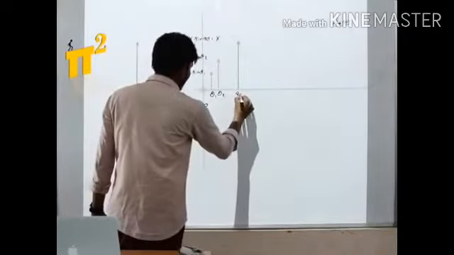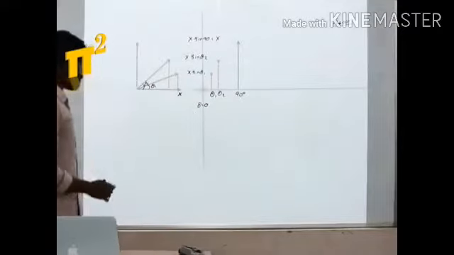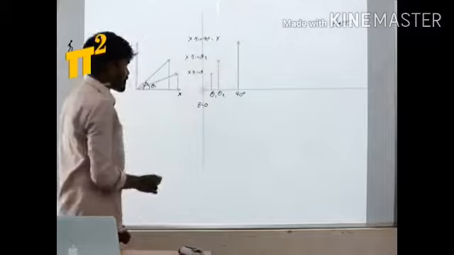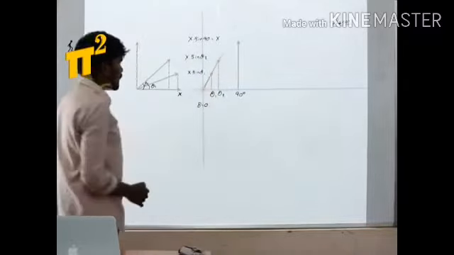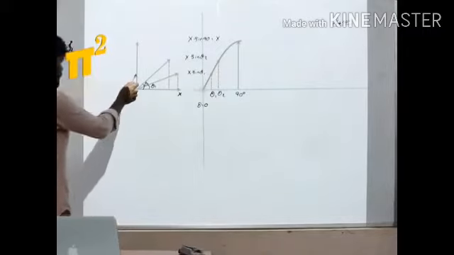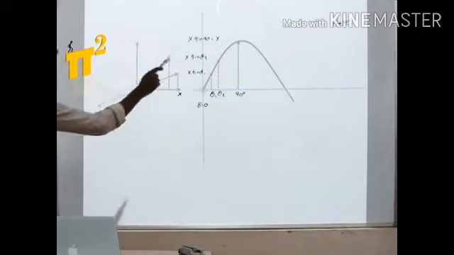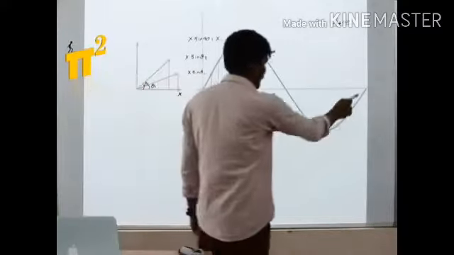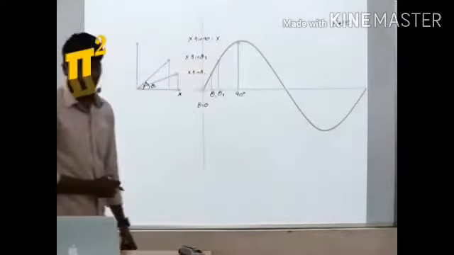So if I join all these points, as you see, it is changing in a sine fashion. So you will get a sine shape. If I rotate this even further and keep plotting the y-axis magnitude, you get a sinusoid.